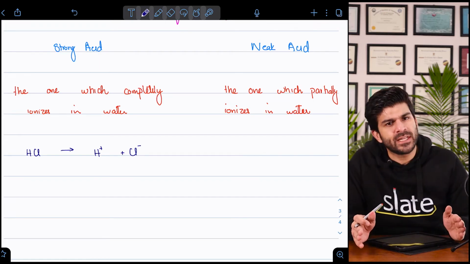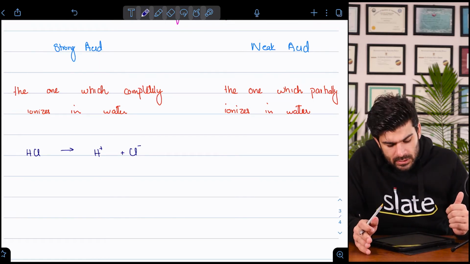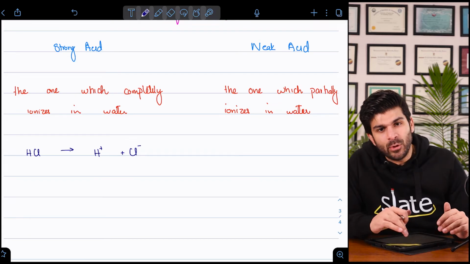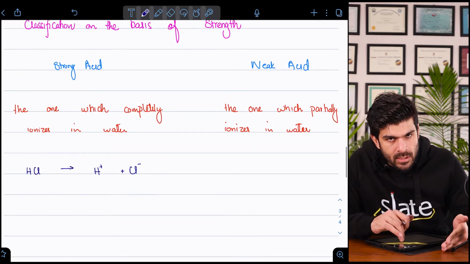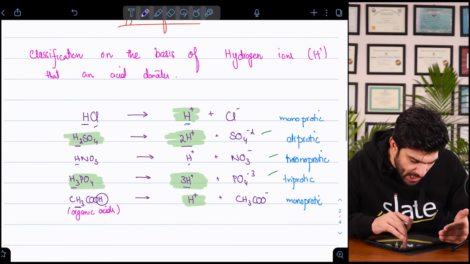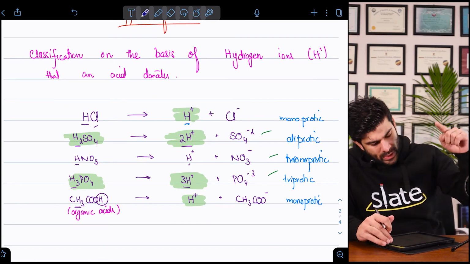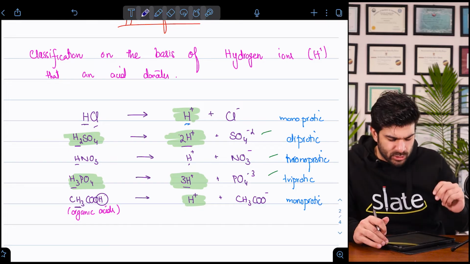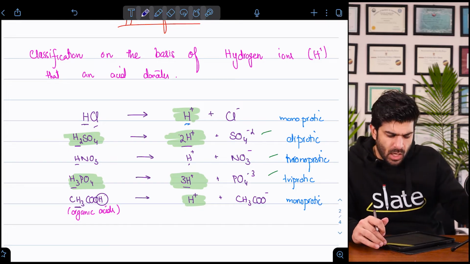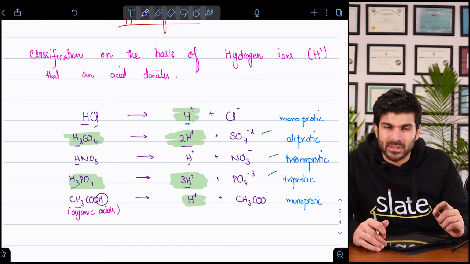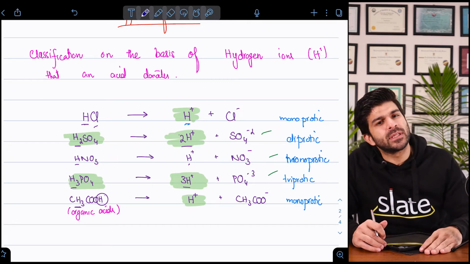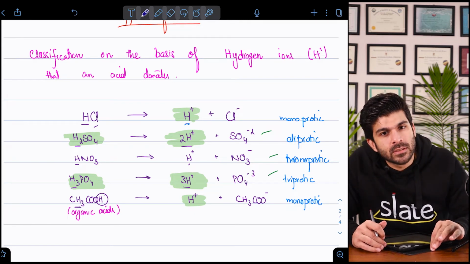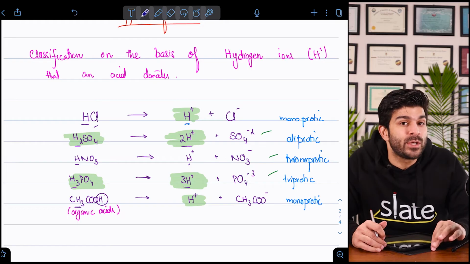Now, this is something you cannot observe in the exam. Since HCl has one hydrogen, it must be a weak or a strong acid? Phosphoric acid has 3 hydrogens, so it must be a stronger acid. But that's not the case. This is something that you need to memorize. I repeat, you need to memorize this.